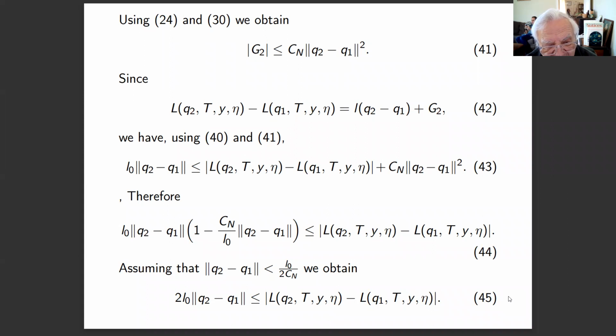As a result, we get the main estimate 45: L0 times the norm of q2 minus q1 is less than or equal to the difference L(q2) minus L(q1), formula 45.